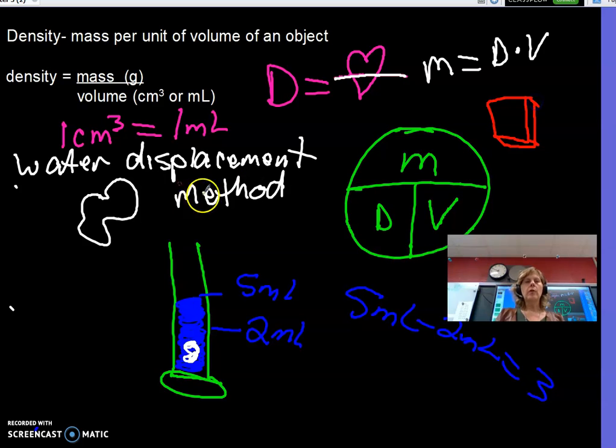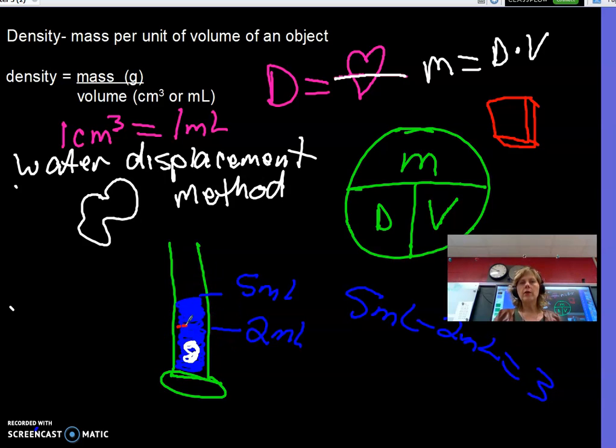But with irregular shaped objects, or even sometimes just smaller objects, it's easier to do the water displacement method. So most of the time for small objects, that's what we use, where we put water in a graduated cylinder.